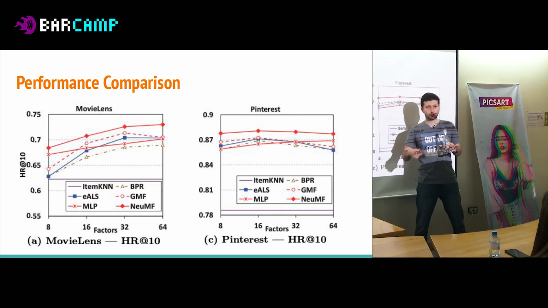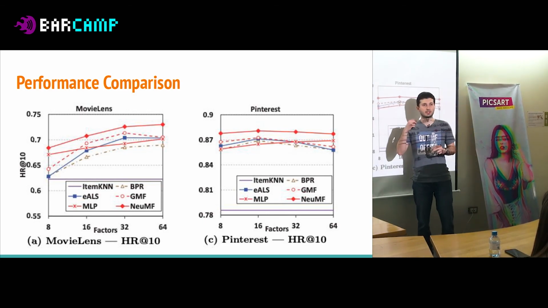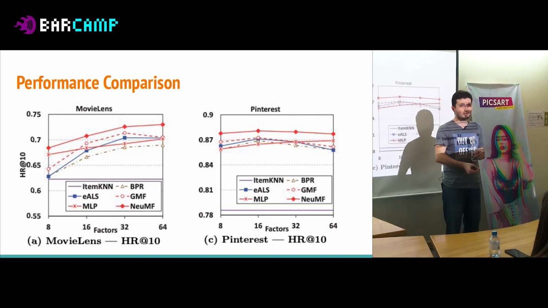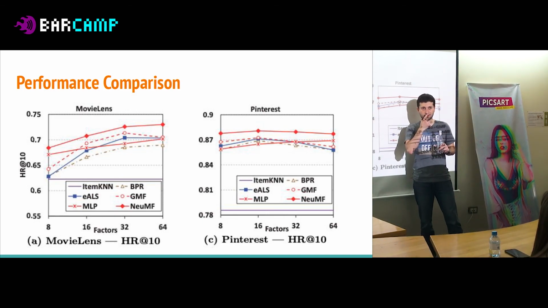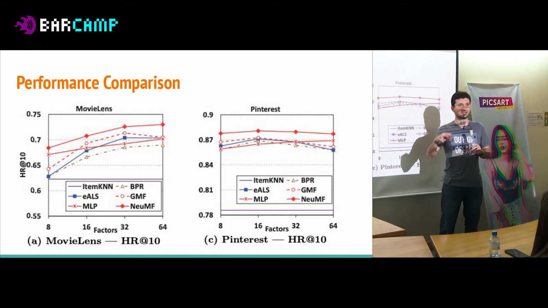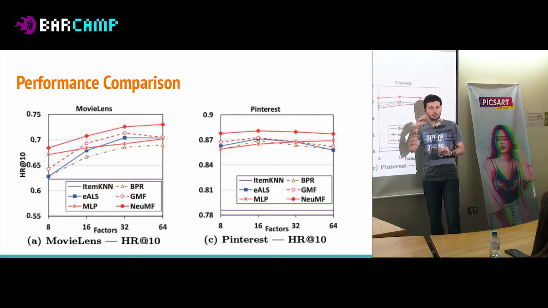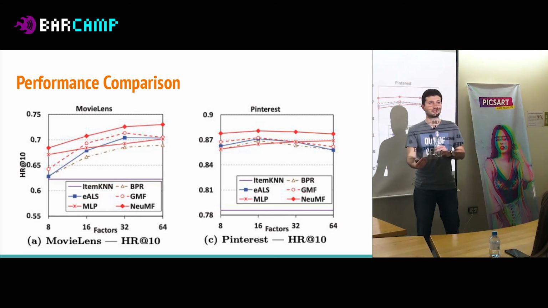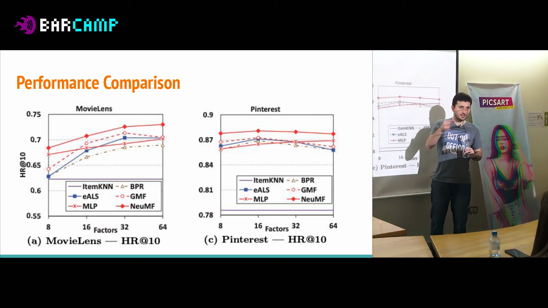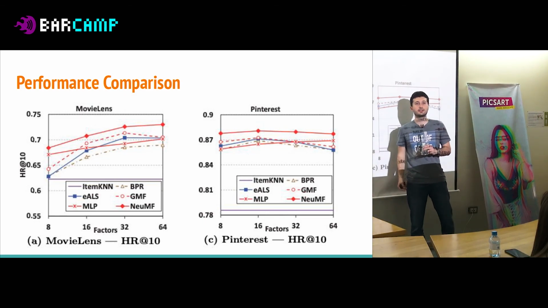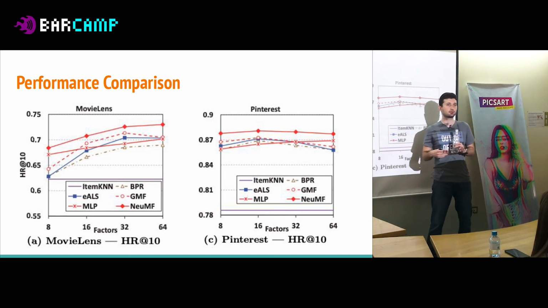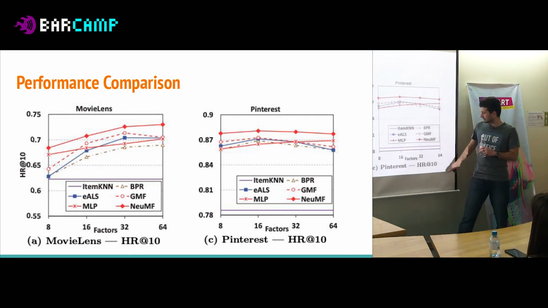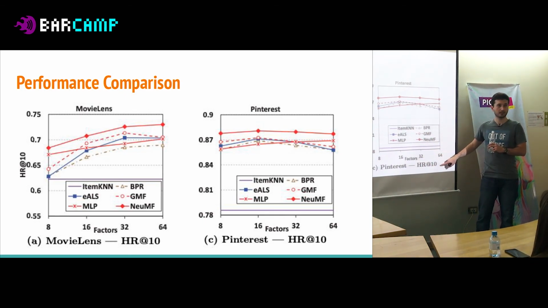So imagine your algorithm predicts a score. For example, you have one positive item for the user, and you have sampled 99 negative. You have 100 items. Your algorithm makes a forward pass on all these 100 items, gives a score to every item. Then you sort all the items by the score, and look at the top 10, hits ratio at 10.